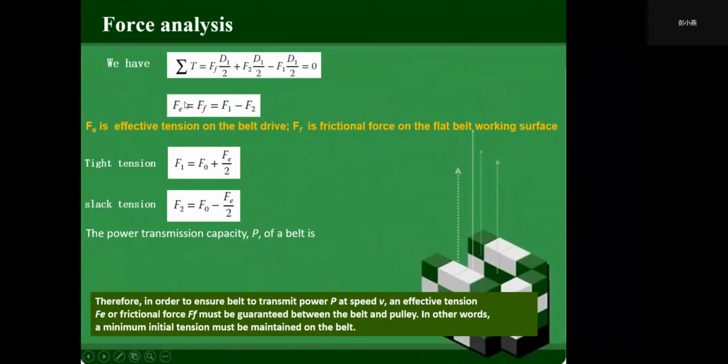FE is the effective tension on the belt drive. FE is determined as F1 minus F2, and FE means the circumferential force transmitted by belt.